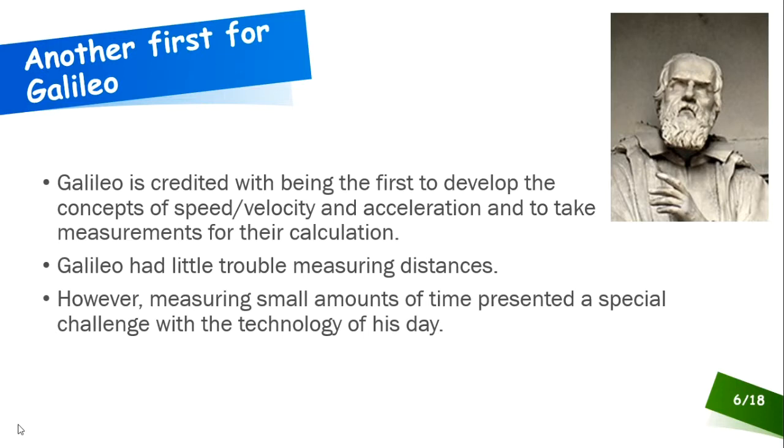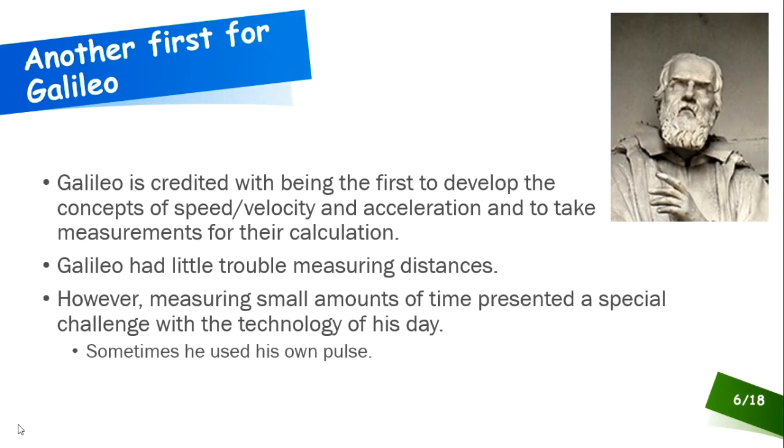I mean, today we don't think anything of whipping out a smartphone and then accessing an app on that phone, a timer app perhaps, to measure small amounts of time. But Galileo didn't have that option. So what would he do instead of what we would do today? What was available to him?